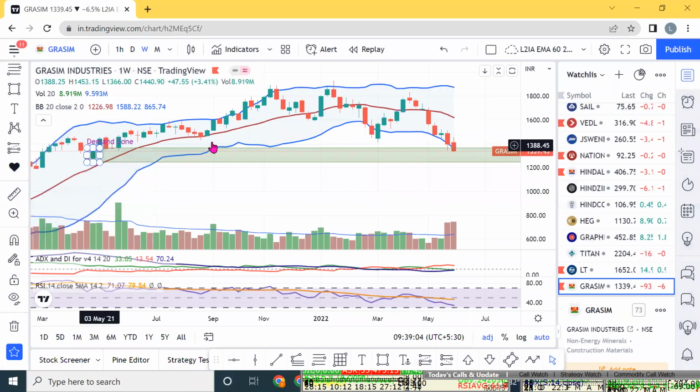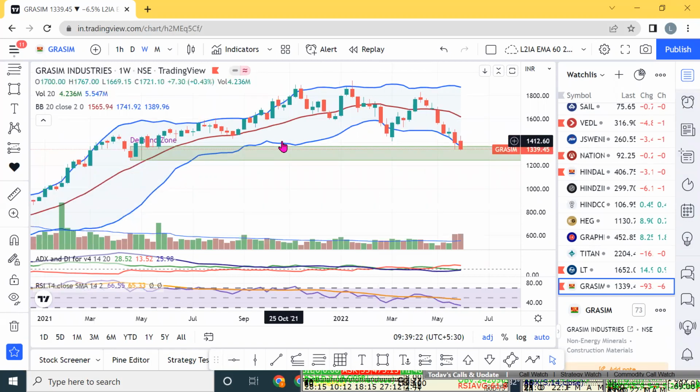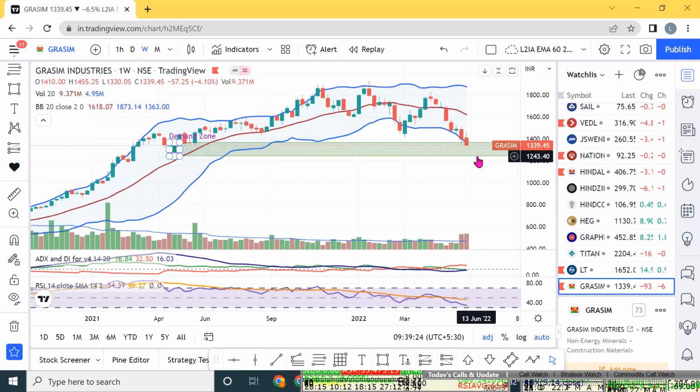You can see it is already touching this level, so it can come down a little bit more, up to 1260 levels. But you can see this zone is a support. It tried to come up here, it went up, and it is coming down at the same level.